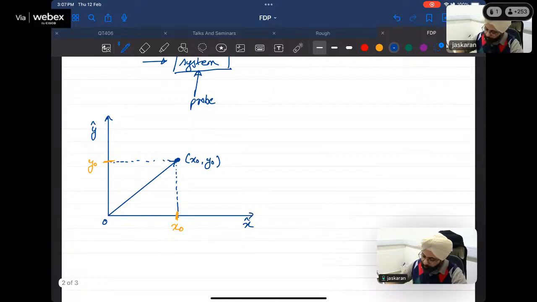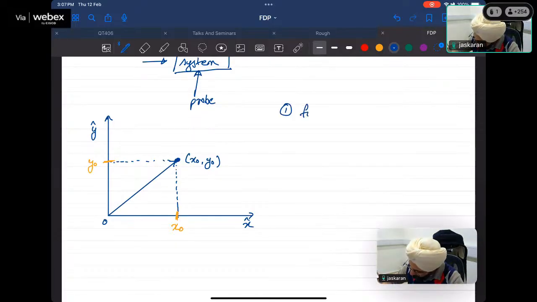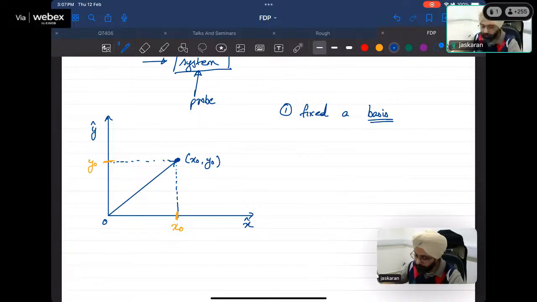However, note what we have done here. Some steps we have followed in order to find out the location of this particle. Step one was we fixed a basis. In linear algebra, we have this concept of a basis.